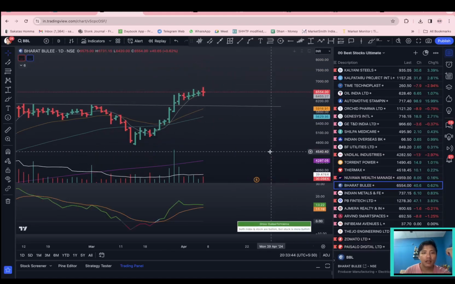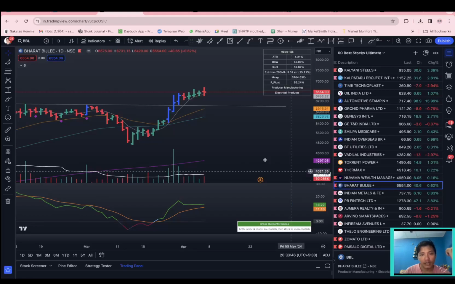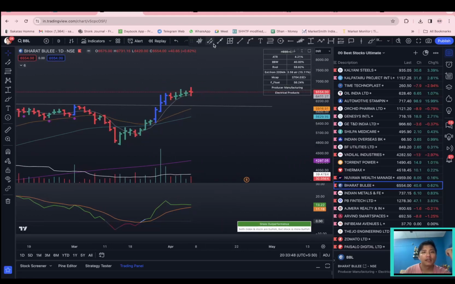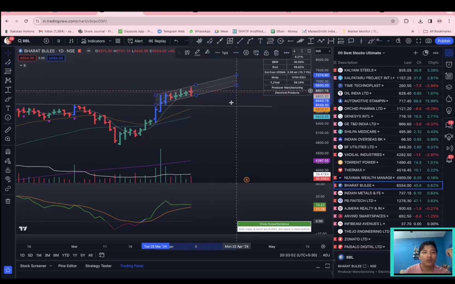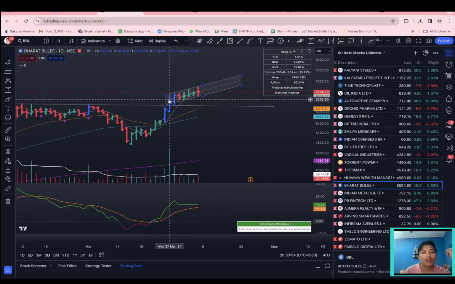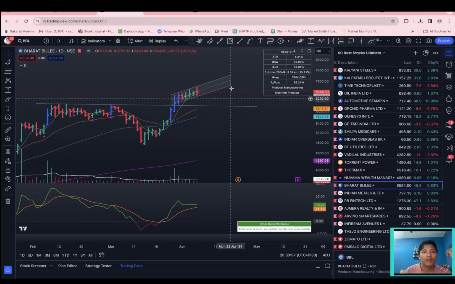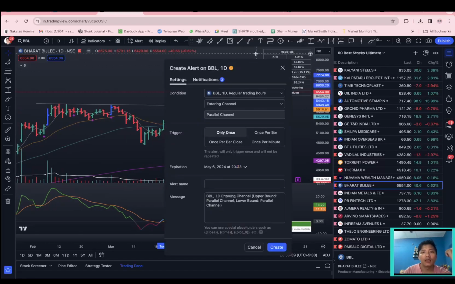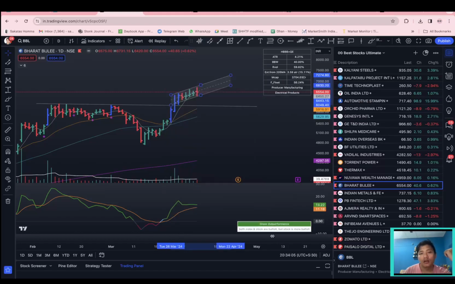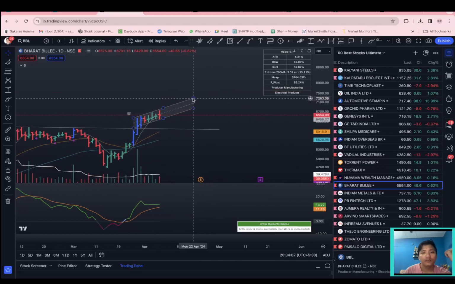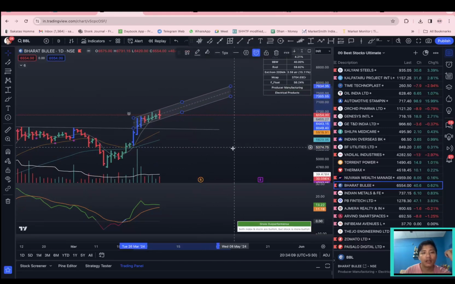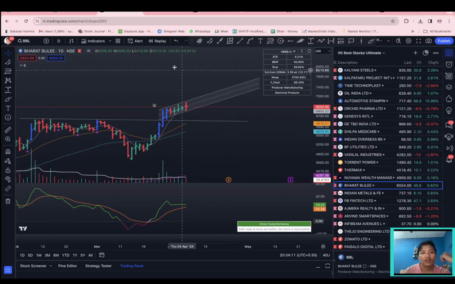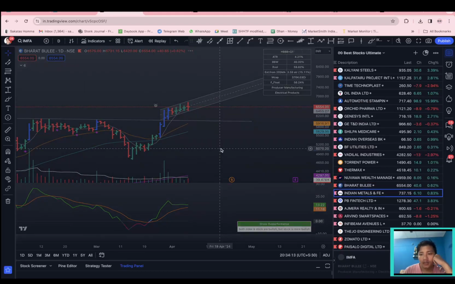Bharat Bijli is tight, is getting tight. Okay, there is a slight positive slope to the tightness, but in my opinion, this is because the stock is very bullish. Okay, so in this case, you can again put an alert, so whenever the price is exiting the channel, it will be signaled on the TradingView app, right?